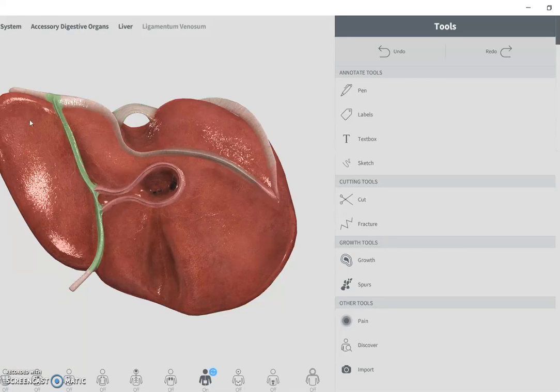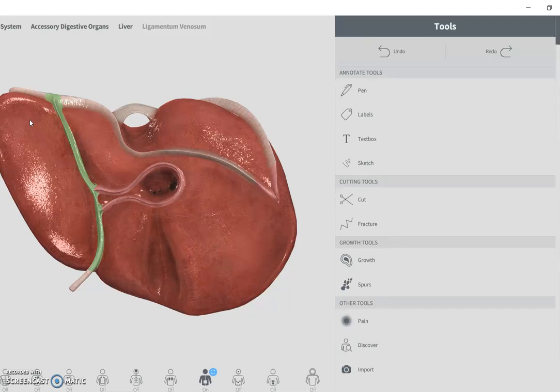This ligamentum venosum is a remnant of part of the fetal circulatory system, the ductus venosus, which allows placental blood to bypass the liver during development. There would be a fetal shunt from the umbilical vein to the IVC, which will eventually enter the heart and go back to the circulation. It always bypasses the liver because the liver is not functional during fetal life.